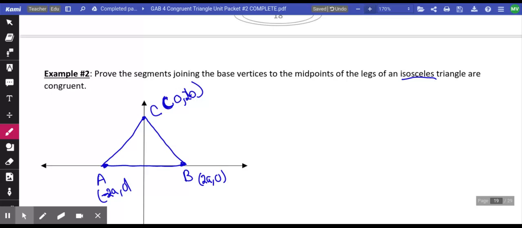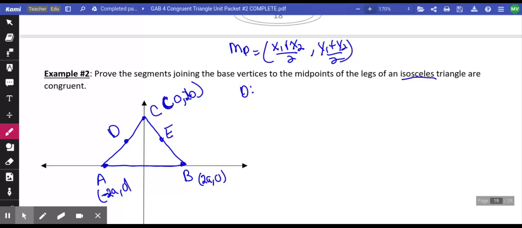I'm doing that because I want to find the midpoints. So I need to find the midpoint D and the midpoint E. Again, I'm going to use my midpoint formula, which is x1 plus x2 over 2, comma y1 plus y2 over 2. So pause and find D and E.